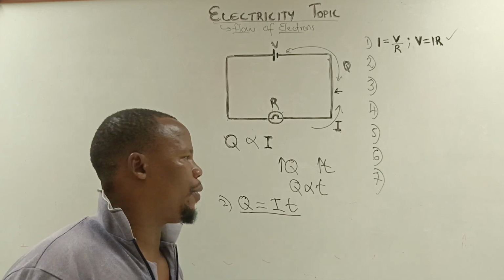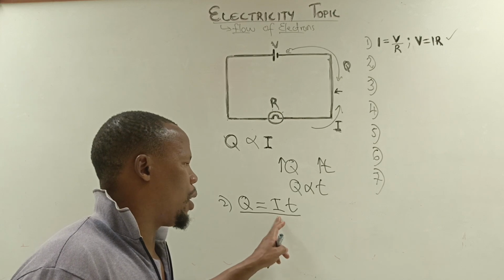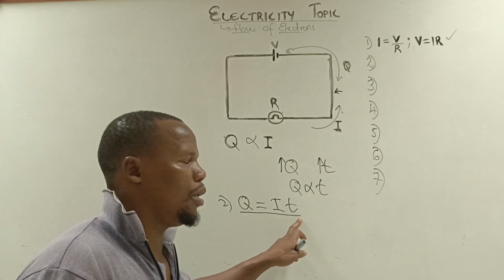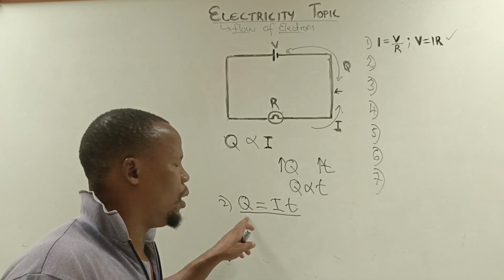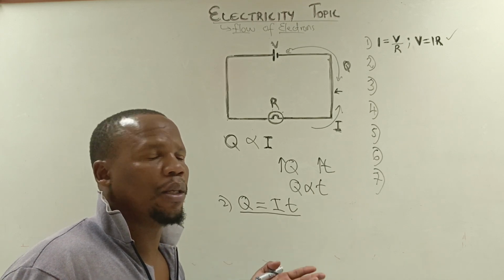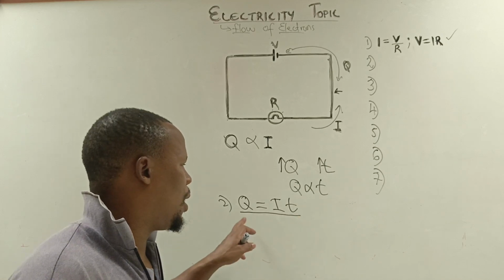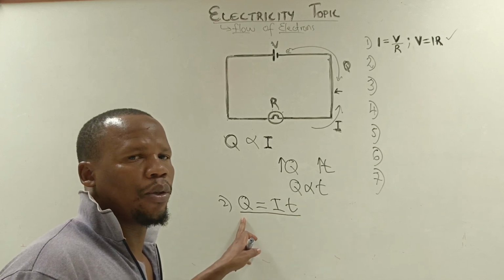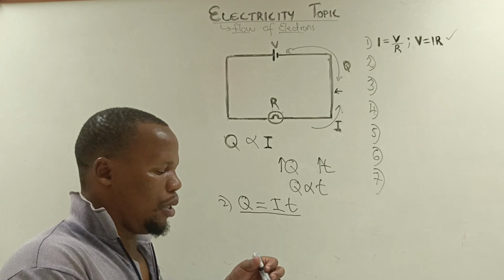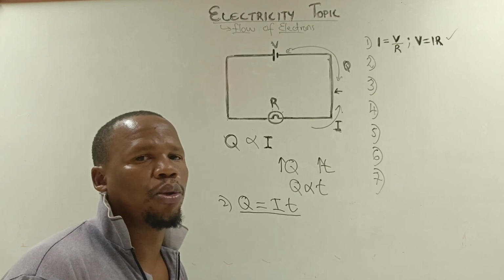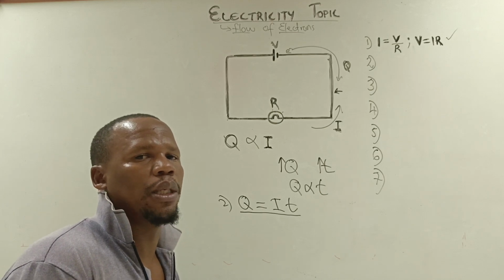So every time, if the current is 10 amps flowing for 10 seconds, you get the charge: 10 amps times 10 seconds is 100 coulombs. So every time you offer the amps and time, your time has to always be in seconds.